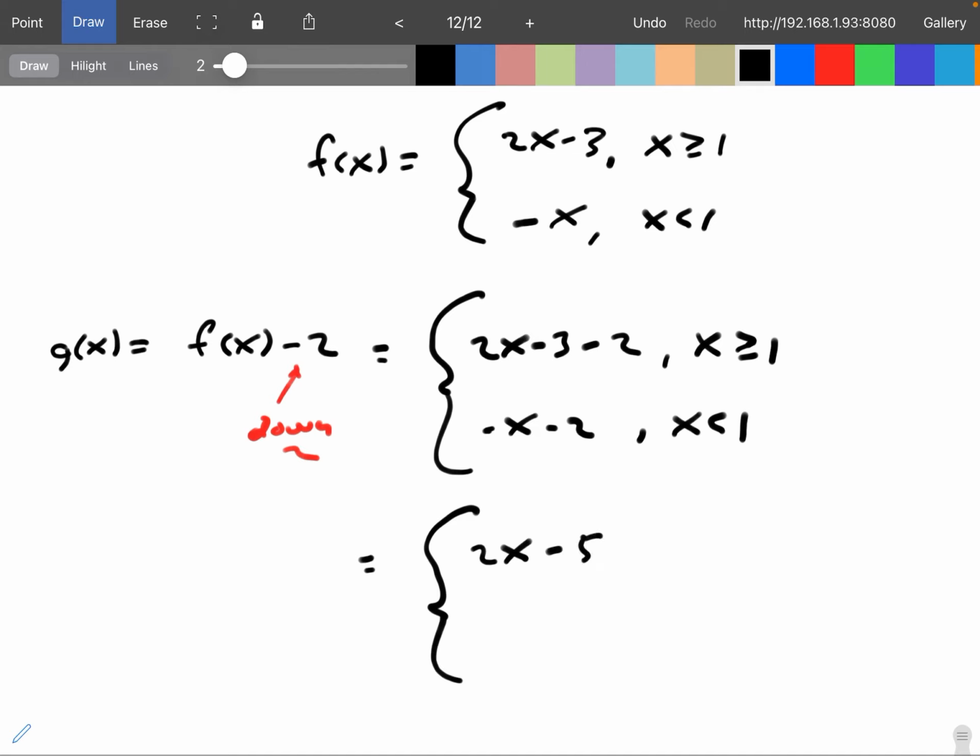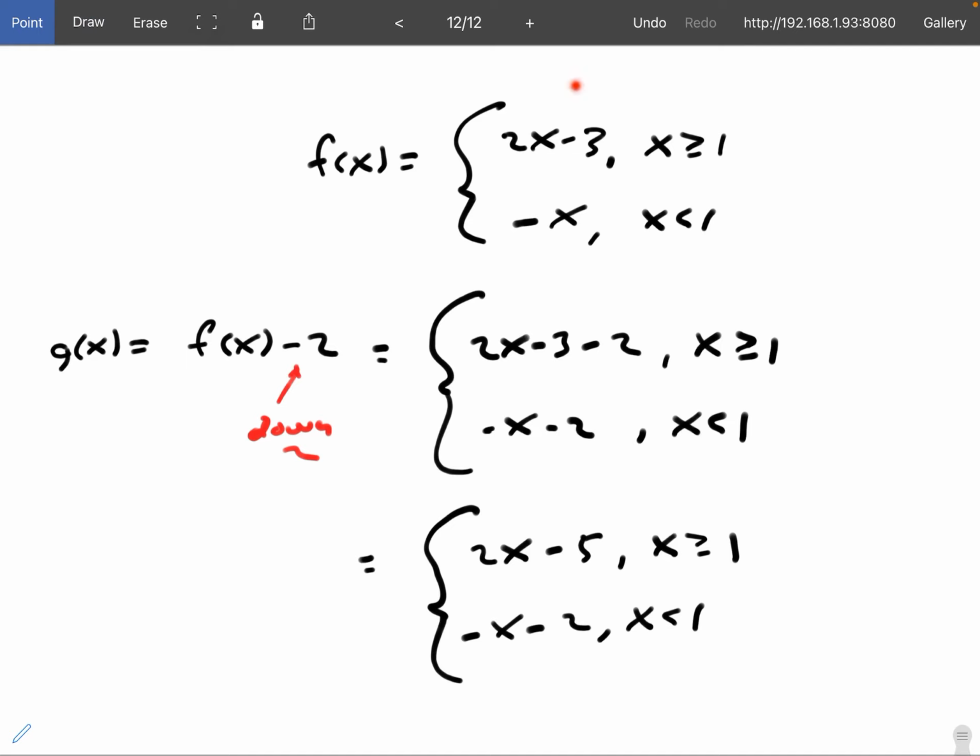Then we just simplify that, we're done. So the final answer for this one is 2x, well, we got minus 3 minus 2 more, so that'd be 2x minus 5, where x is greater than or equal to 1. And then we got negative x minus 2, where x is less than 1. That's all. So once you kind of get the idea, it won't be that bad.